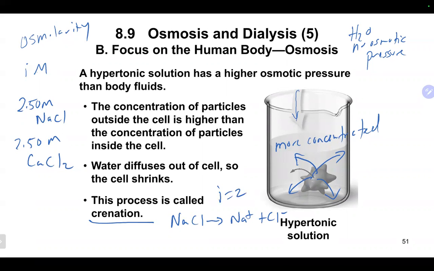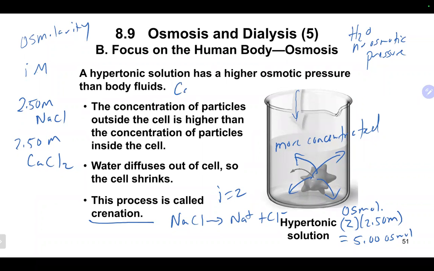There are 2 particles floating around. So to calculate the osmolarity, sometimes referred to as osmol, of this solution, we take the 2, our factor, times 2.5 molar, and we end up with 5 osmolarity.